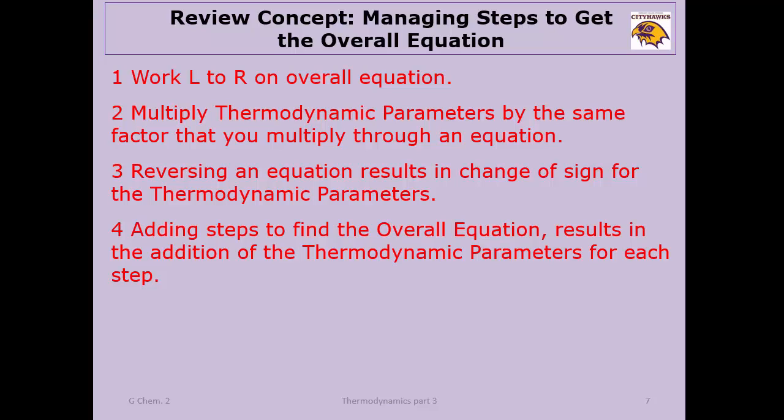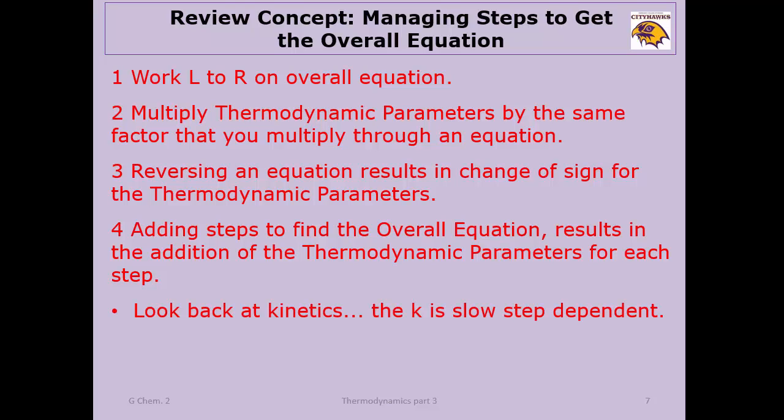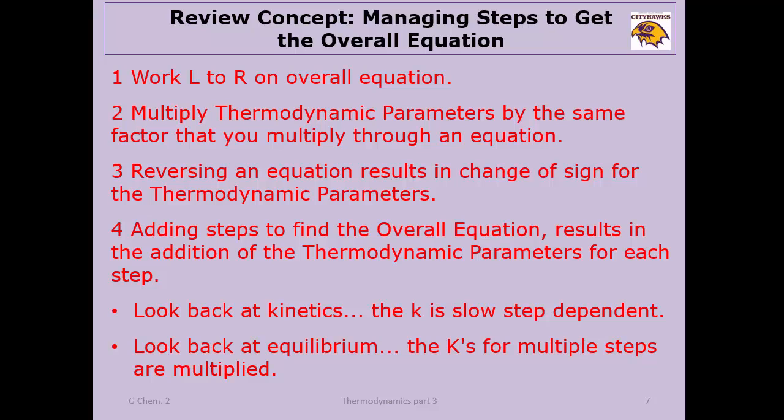Now I want to point something out, and you'll have to look back in these sections to remember this, but it's just a good time to compare and contrast. When we did kinetics and you have multiple steps, all you have to do is focus on the slow step, and that is what determines the overall rate. When you look back at equilibrium, remember equilibrium is a multiplied constant.